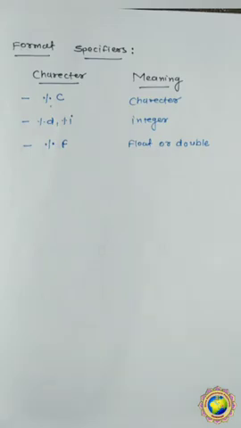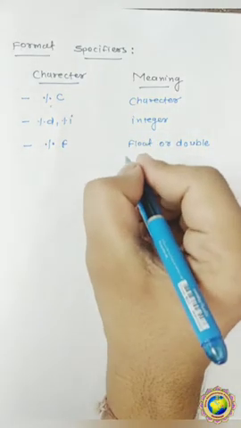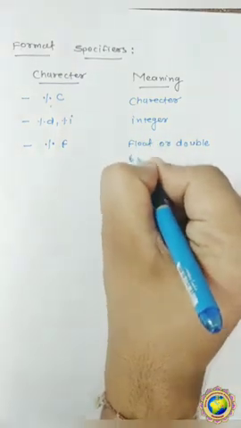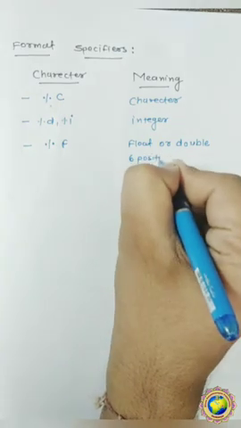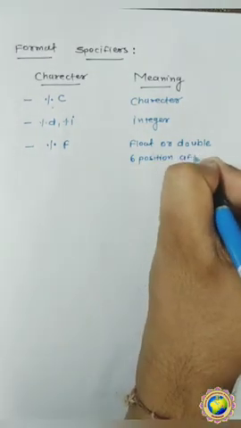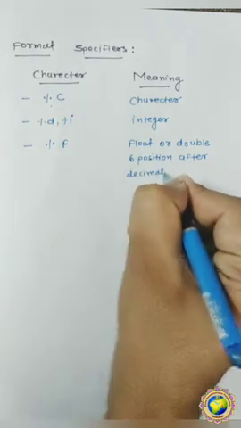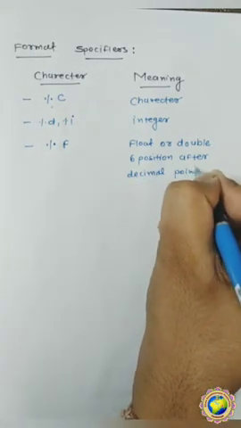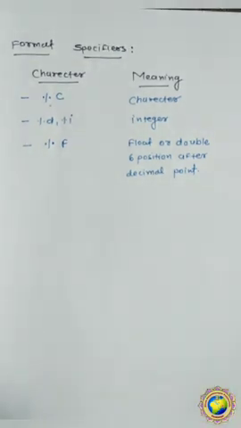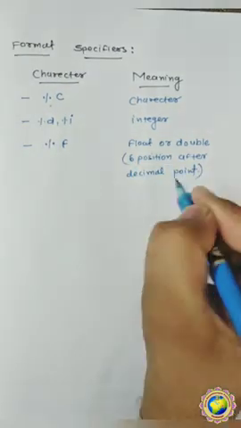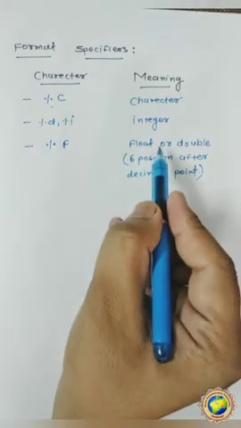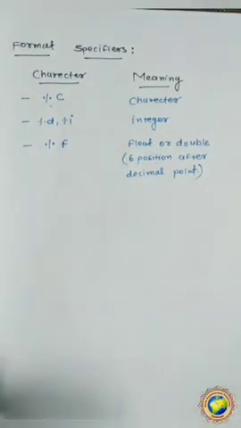Okay, sixth position after the decimal point. But %f is used for a float or double.